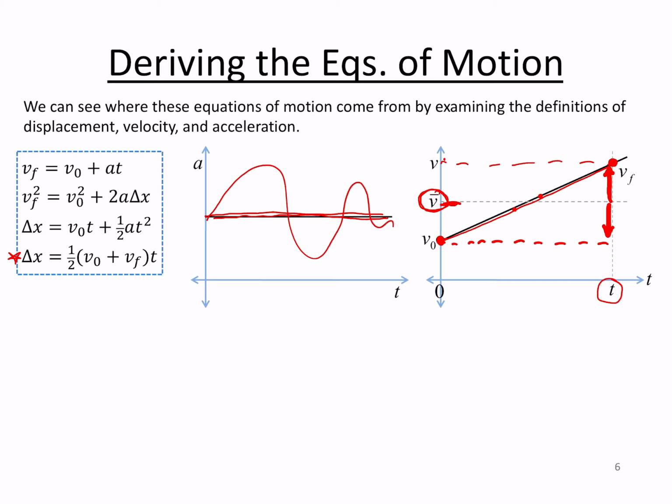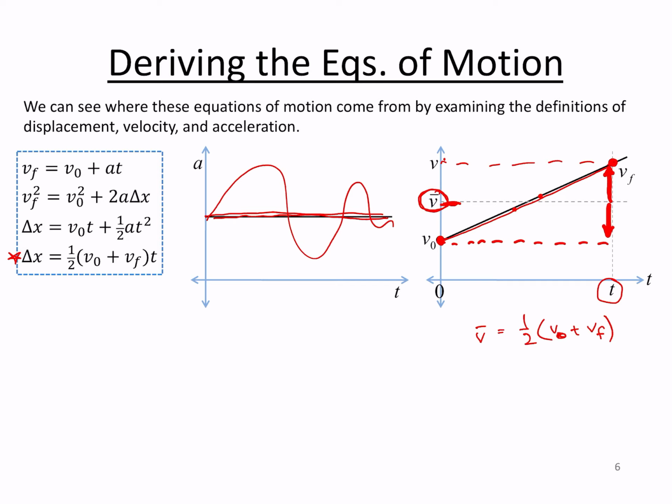It wouldn't be a straight line. But here we can say, as we know from calculating averages, that the average velocity is simply 1/2 times the sum of the initial velocity and the final velocity.